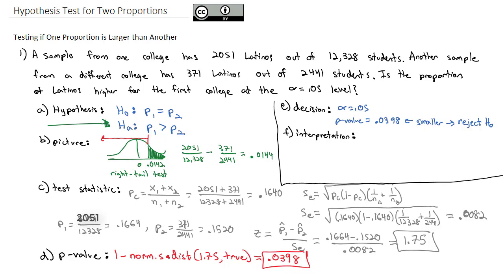Again, the interpretation always focusing on the alternative hypothesis and whether or not we proved it. We did reject the null, so we did prove it.